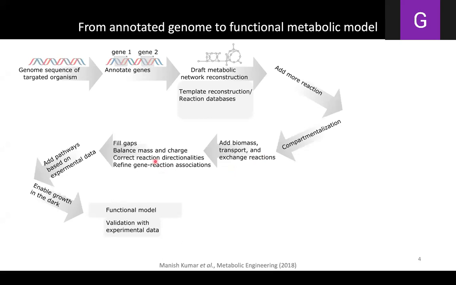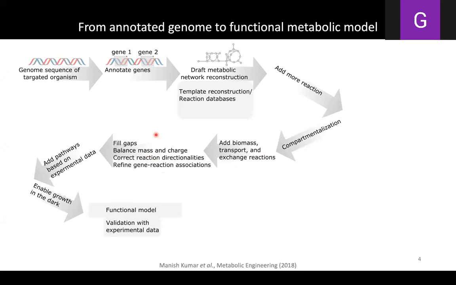Because of incomplete annotation information in genomes, in most cases we have many gaps in the network. And we need to fill these gaps, we need to add some reactions from closely related organisms.